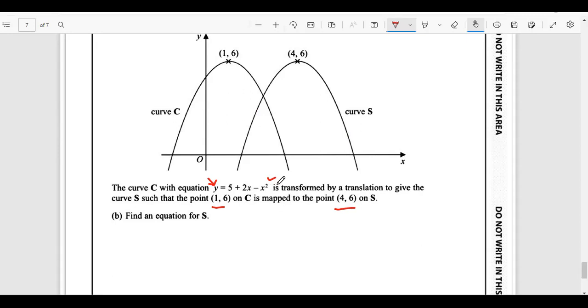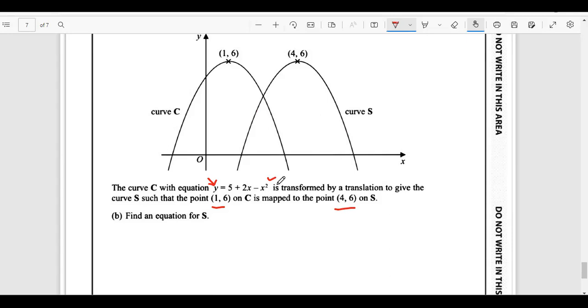Should I tell you? Okay, so the curve C with equation is transformed by translation to give the curve S on the point (1, 6). So the equation would be, it has moved along.